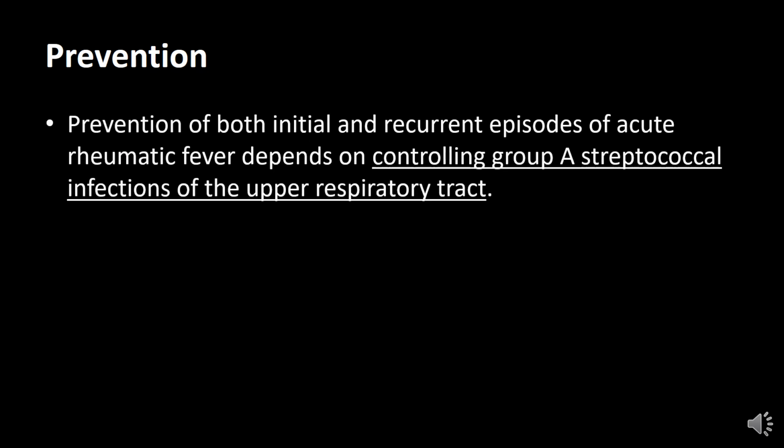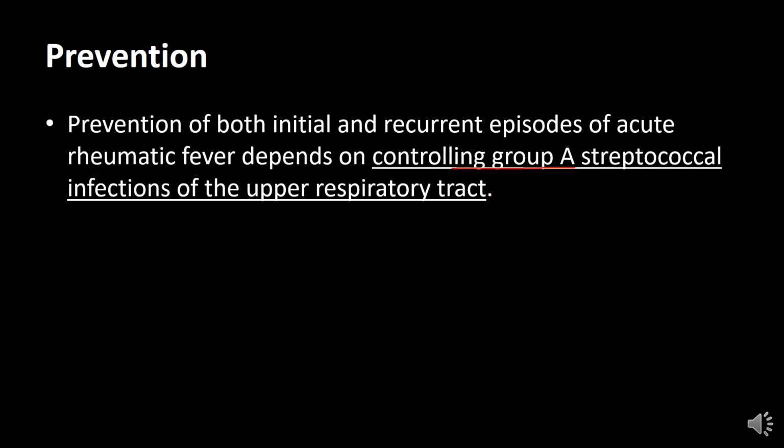This is twofold. Number one, we need to control the group A streptococcal infection of the pharynx. We're saying prevention of both the initial and recurrent episodes depends on controlling group A streptococcal infections of the upper respiratory tract.